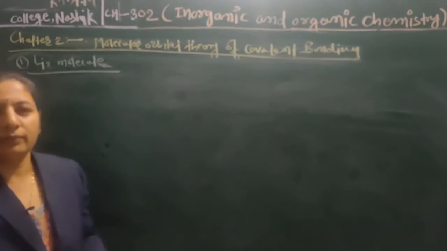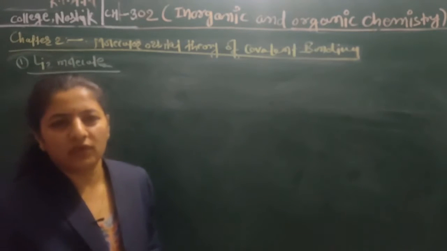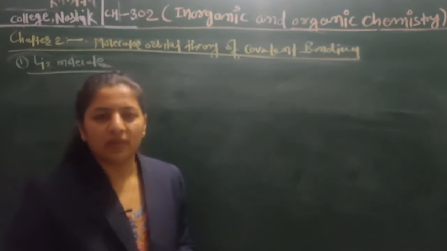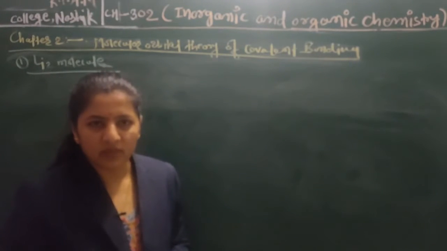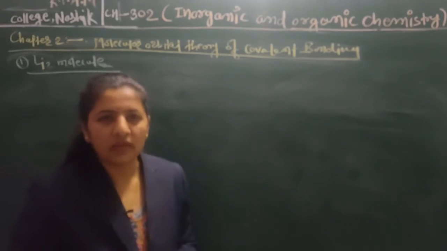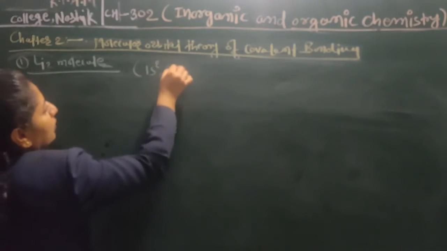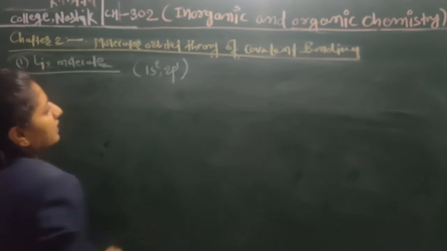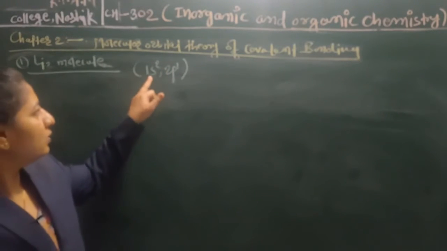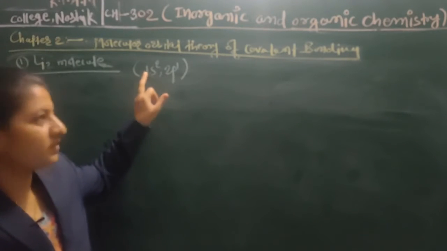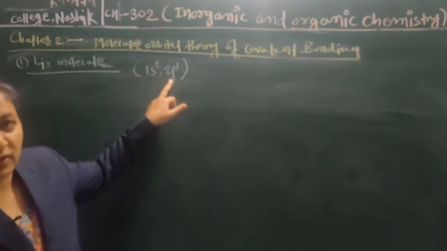Here one atom of lithium is combined with another atom of lithium, so there is a formation of the Li2 molecule. The electronic configuration of lithium is 1s2 2s1. So in the inner shell there will be two electrons, and in the 2s orbital there will be only one electron.